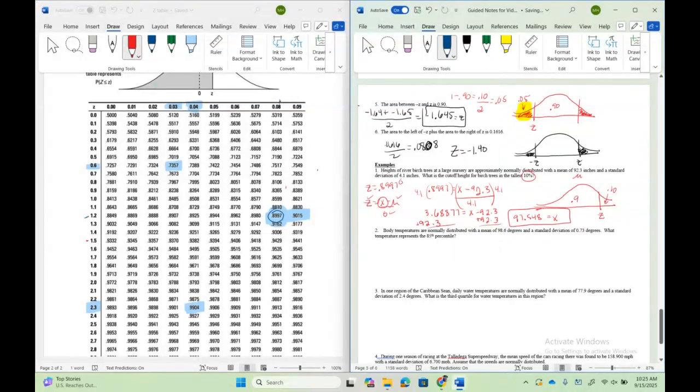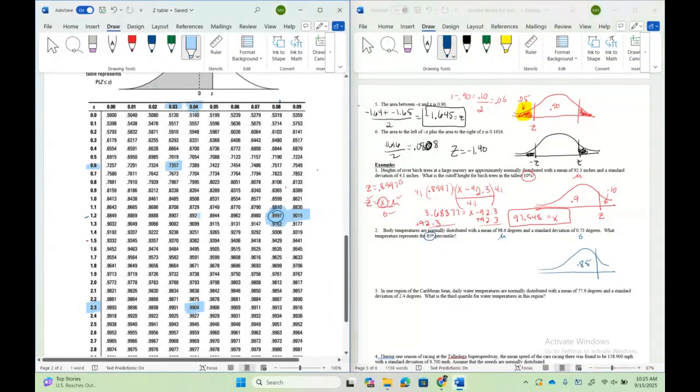For this next question, it says body temperatures are normally distributed with a mean of 98.6 and a standard deviation of 0.73. What temperature represents the 85th percentile? The 85th percentile means the area to the left is 0.85. So we go to our table and find the number closest to 0.85, which is right here.